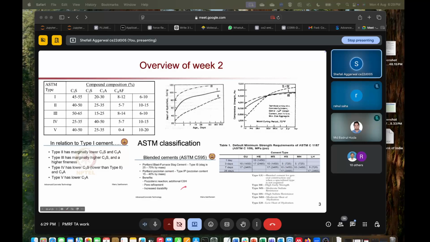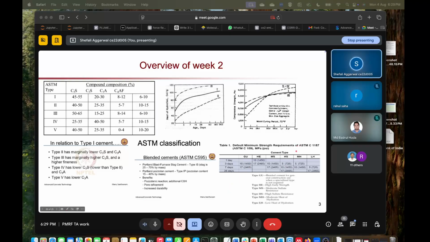It has additional CSH because of more pozzolanic reactions, pore refinement because it will be much finer with more surface area, and lastly increased durability. These are the benefits of adding SCMs or having blended cements.